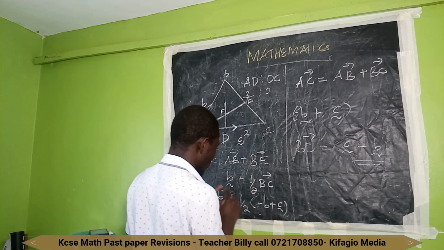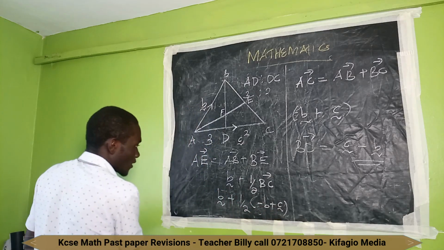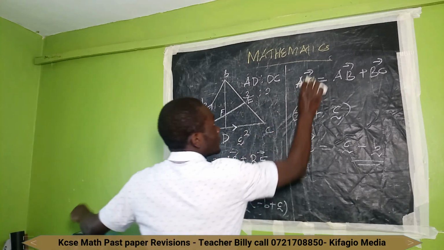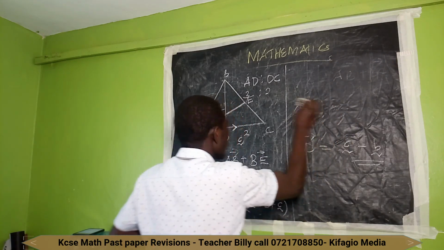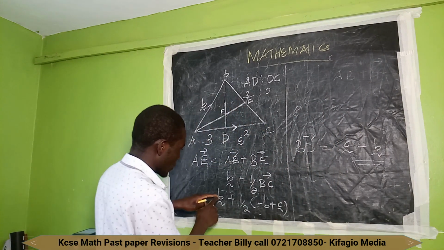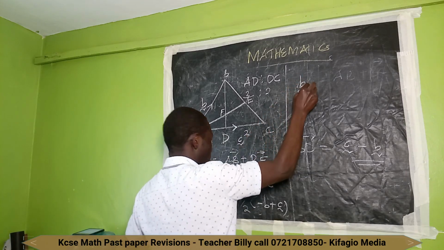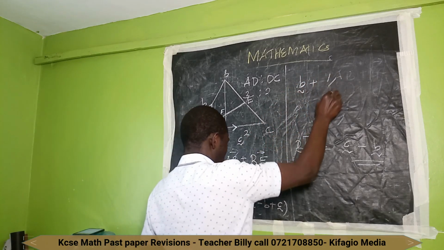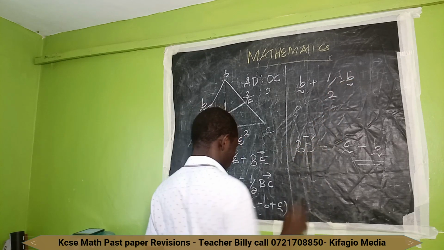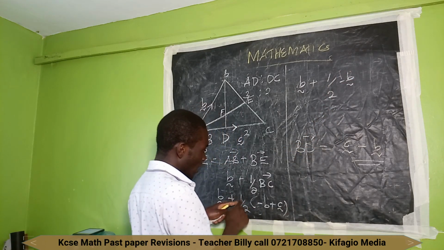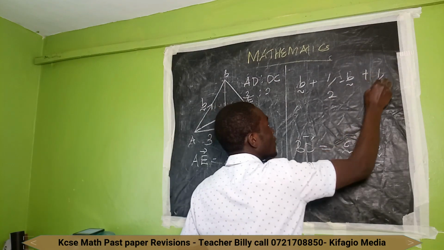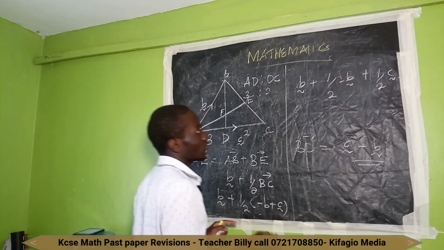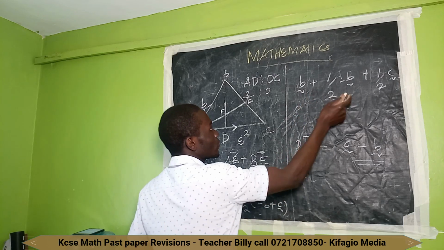So if you were to write this particular expression well, we will have B plus half of minus B, and then half multiplied by C is plus half of C. So class, we have two like terms here.